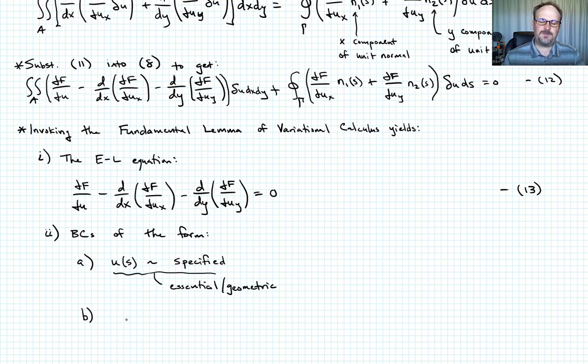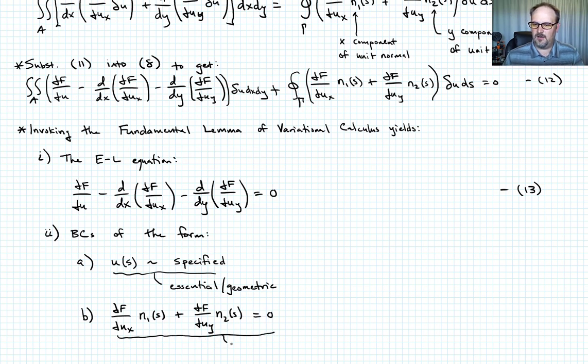If u is not specified on the boundary, then this integral term doesn't vanish, but delta u is arbitrary, so we require the quantity in the parentheses to be 0, via, again, the fundamental lemma of variational calculus. So partial f with respect to ux times n1 of s plus partial f with respect to uy times n2 of s must be equal to 0. That would be our natural boundary condition.